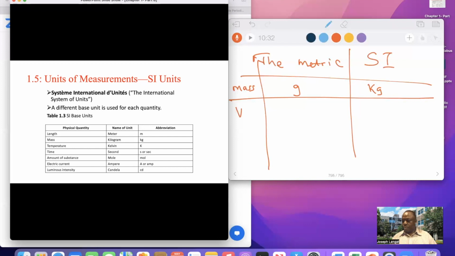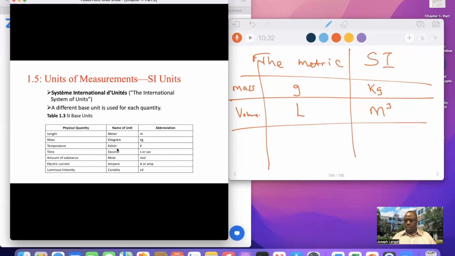For volume, liter in metric and meter cubic in SI. You see on the screen mass, kilogram for the SI unit.